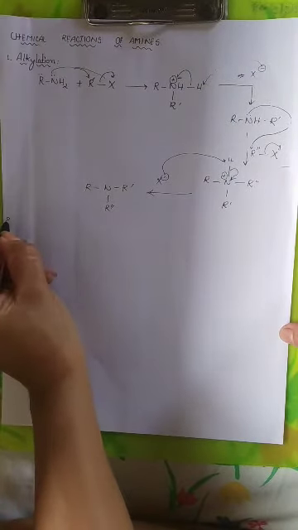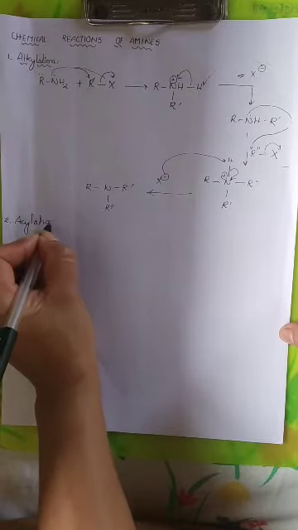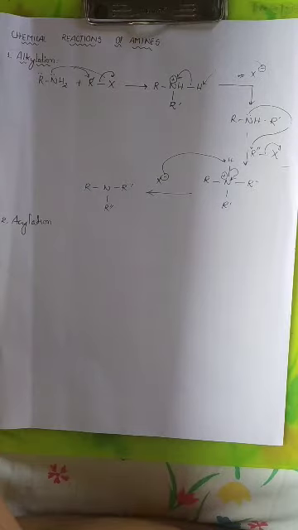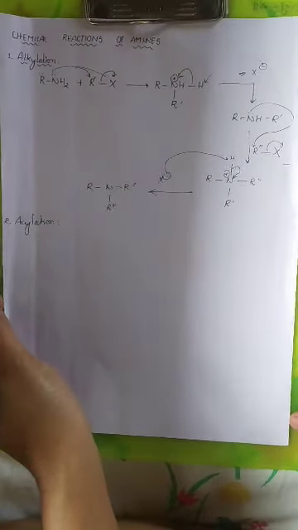Now, the second one is our acylation reaction. Both aliphatic and aromatic primary and secondary amines react with acid chlorides, anhydrides, and esters by nucleophilic reaction. This reaction is known as the acylation reaction.